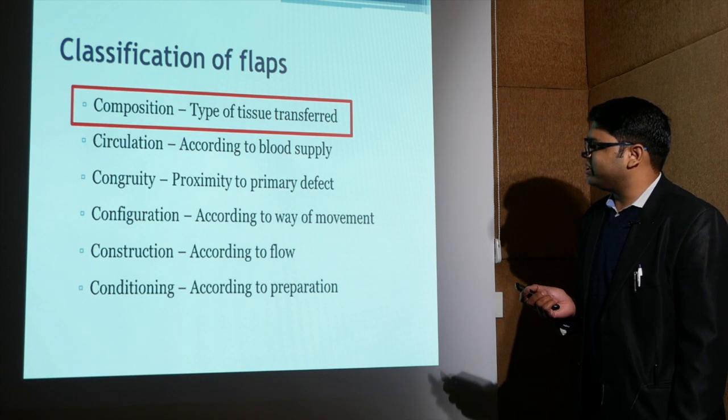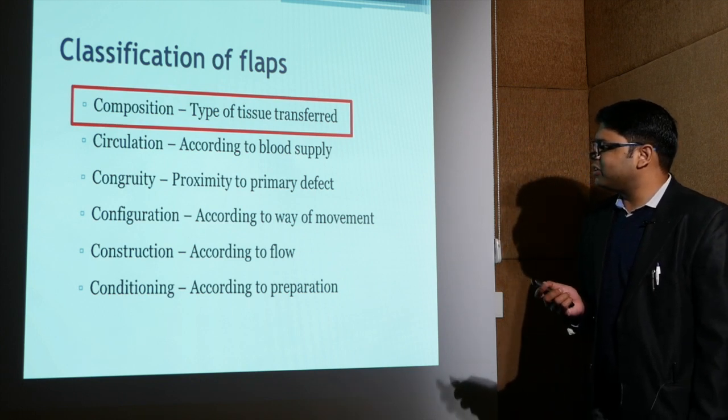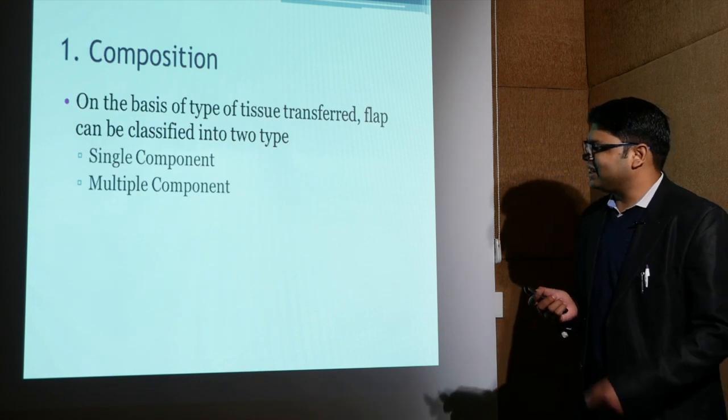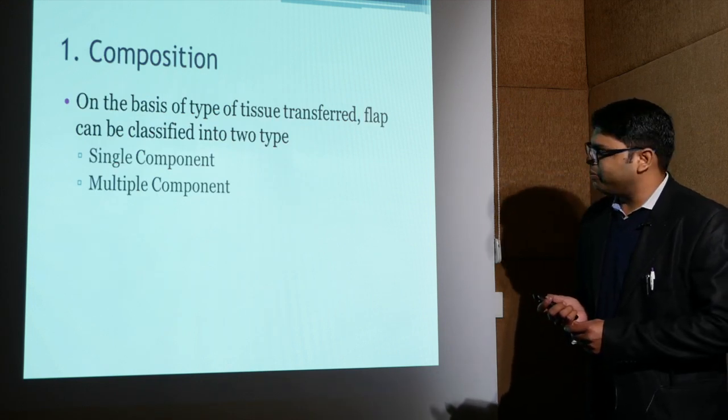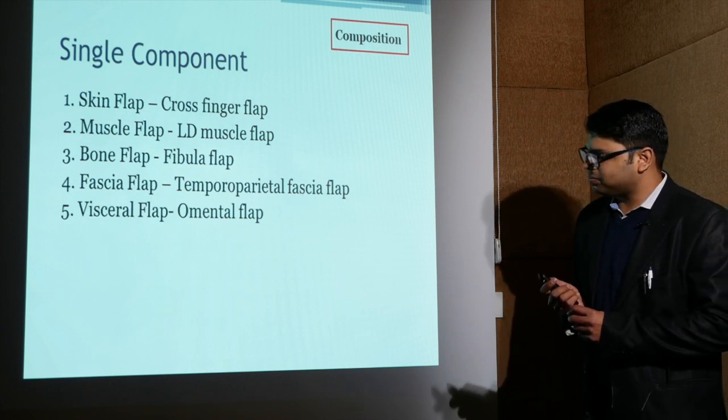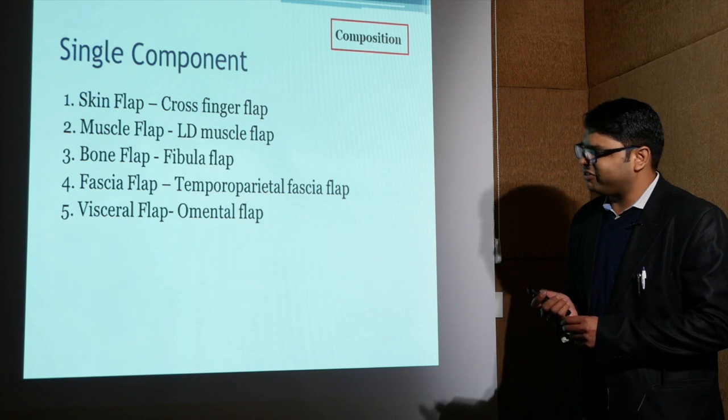First is composition. On the basis of the type of tissue we are transferring, the flap can be classified as a single component or multiple component. In the single component, the flap consists of a single type of tissue.